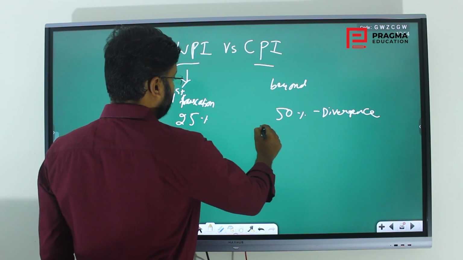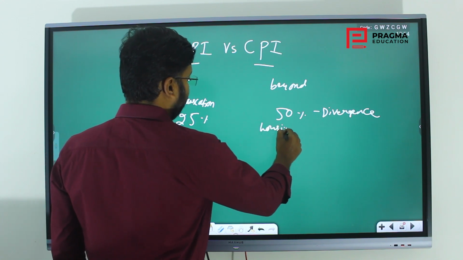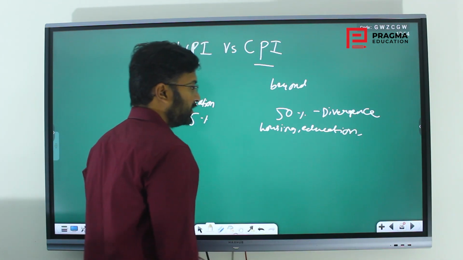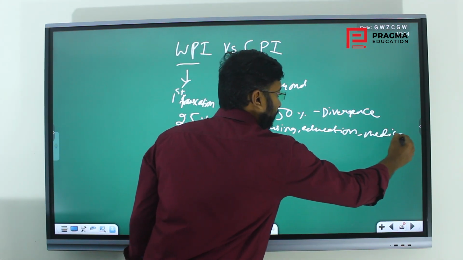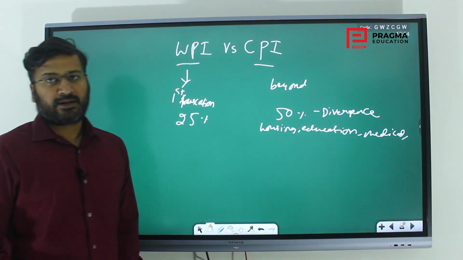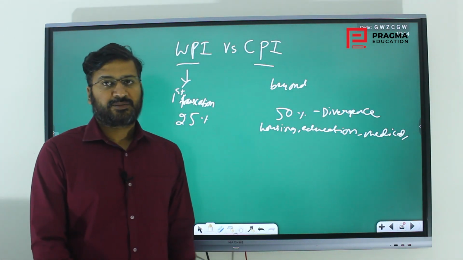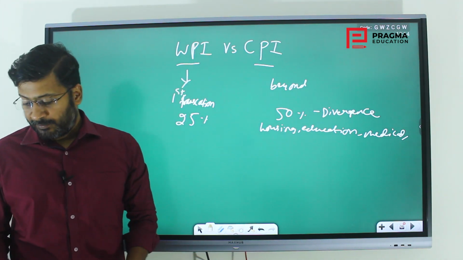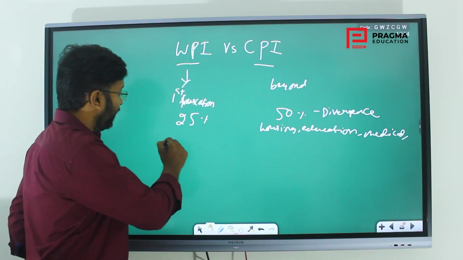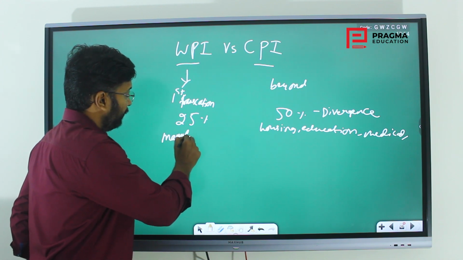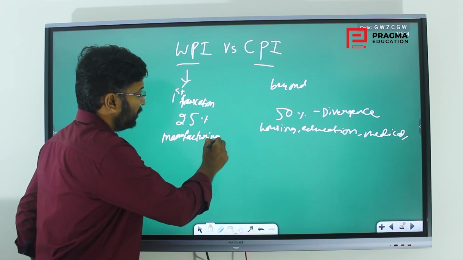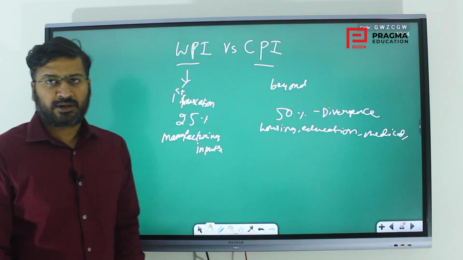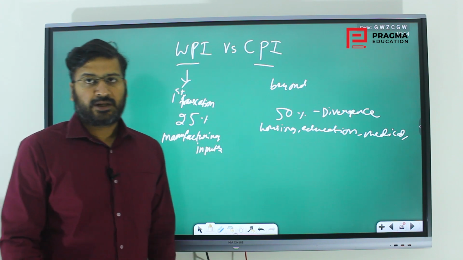CPI actually includes even services like housing, education, medical, health and other things, meaning how much people are spending in their daily consumption expenditure. That is captured by CPI. WPI essentially captures the manufacturing inputs: whether imports are getting costlier, whether raw materials are getting costlier, whether the costs of production are getting costlier.